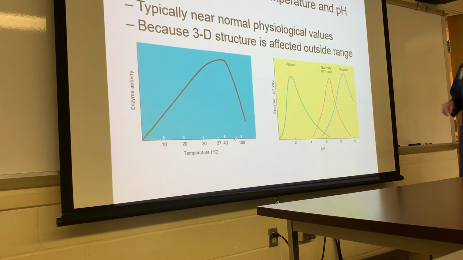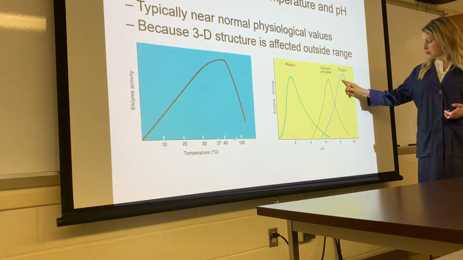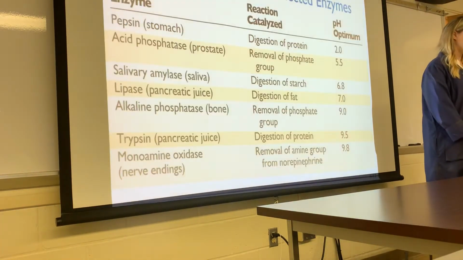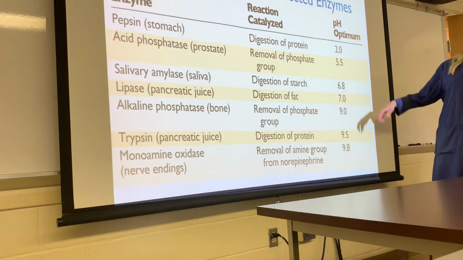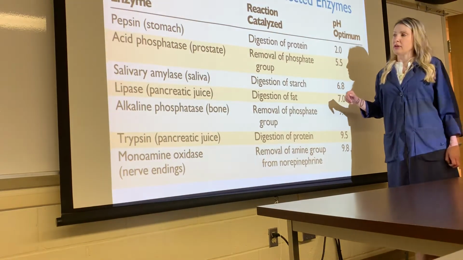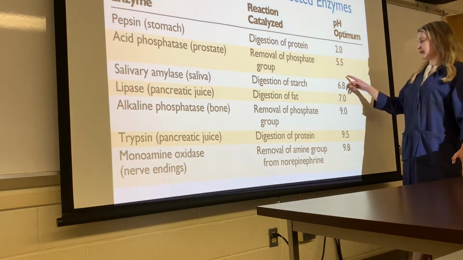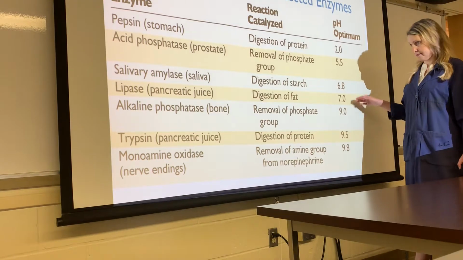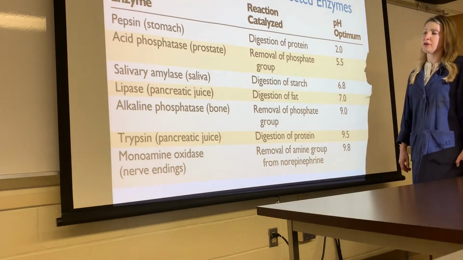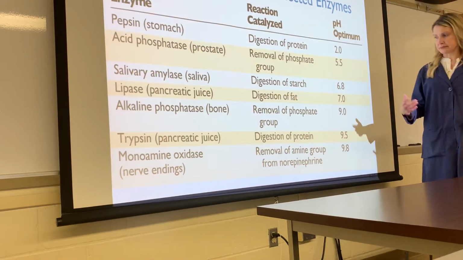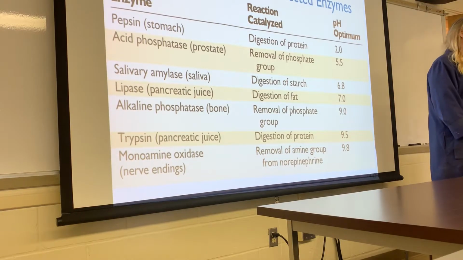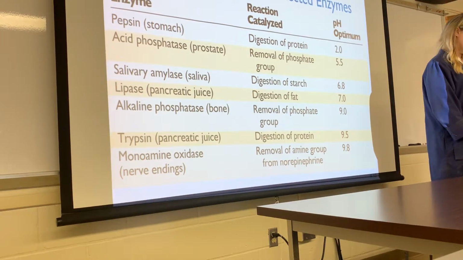So trypsin works really well at about a pH of 9 or so, maybe a little bit higher. So it shows stomach pepsin works well at a pH of 2. Salivary amylase works well at a pH of almost 7. Trypsin at a pH of 9.5, very basic. So again, optimal pH ranges are going to be different for different enzymes.